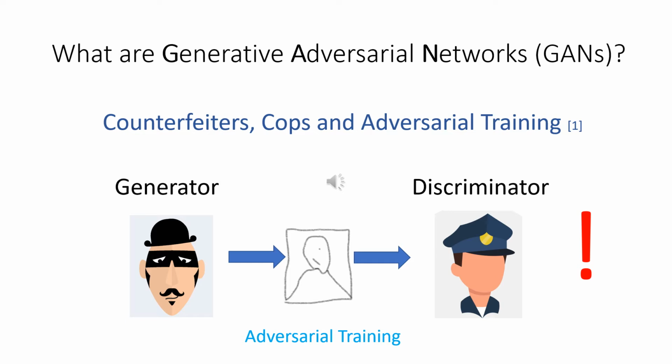As each successive painting copy is generated by the counterfeiter, the cop decides whether the painting is fake or not, based on the original sample. So it indirectly trains the counterfeiter to make better copies until it finally can fool the cop. This is the core of why it is called adversarial training. The cop is training the counterfeiter in an adversarial process.